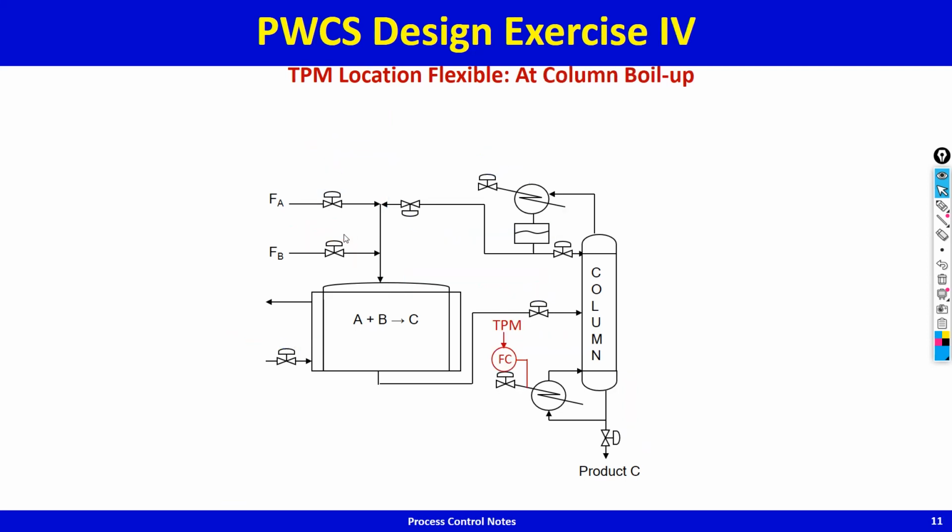You could also have the throughput manipulator location be flexible, and let us say the bottleneck unit is flooding in the column. When you want to maximize production, the column floods. What do you mean by flooding? The vapor rate in the column is so high that it starts entraining liquid from a tray and carrying it to the tray above it, and so there is liquid back mixing, and that drastically adversely affects the separation efficiency.